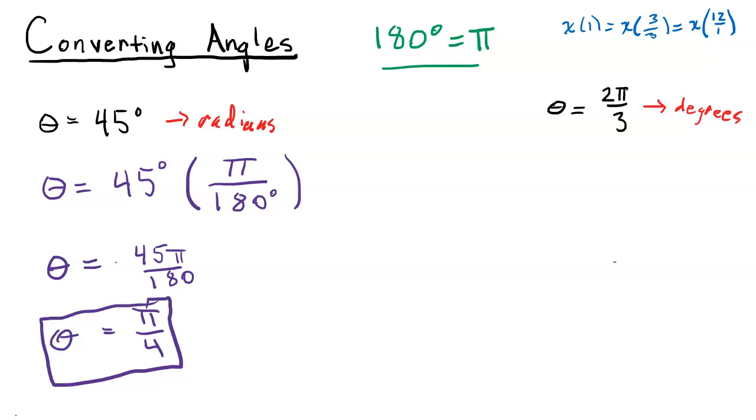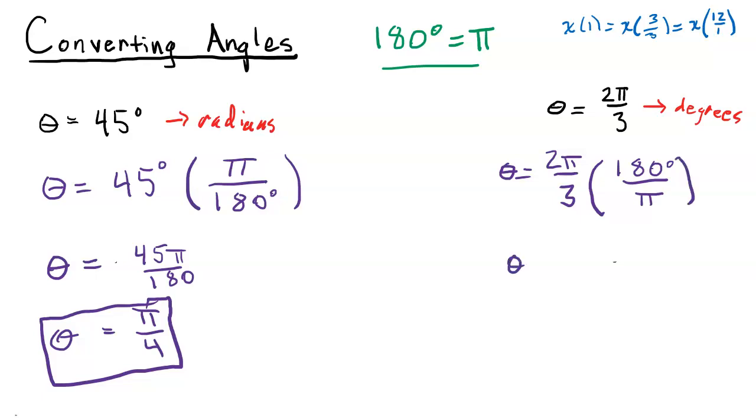Now, looking at the opposite side, we have theta is 2 pi over 3. Again, we want to multiply this by 1, but we also want to cancel out the radians measurement. So we're going to take the same exact proportion that we multiplied 45 by and just flip it. We're going to take the reciprocal of pi over 180, which is going to be 180 degrees divided by pi.